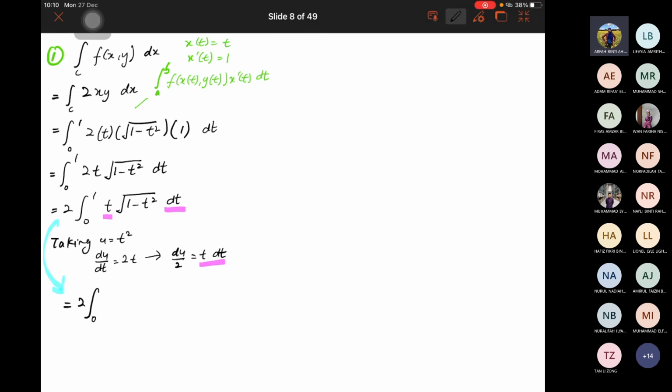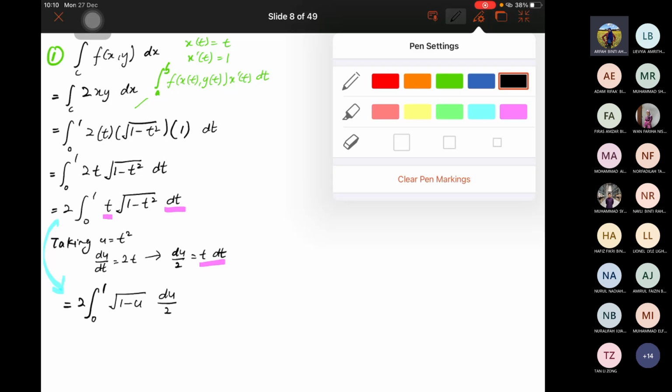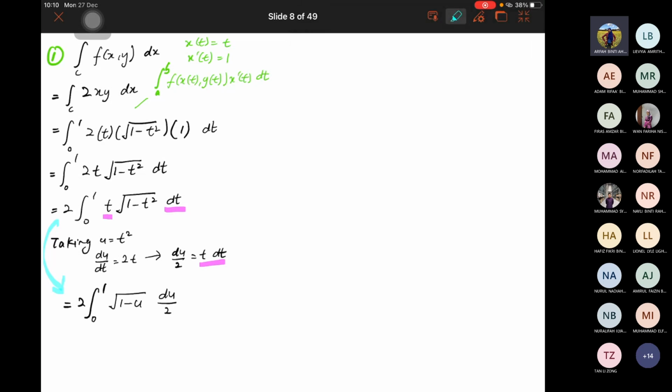Okay, so from this one, it will become 2 times integration from 0 to 1, set 1 tolak u du per 2. Okay, so yang ini boleh hapus, this 2 dengan this 2 boleh dihapuskan.